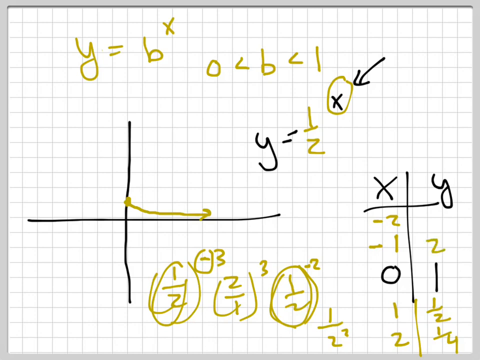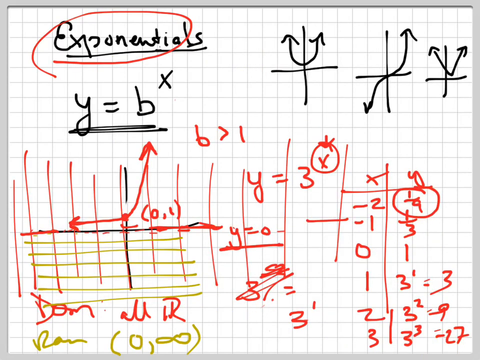So this is actually going to be the exact flip of the one we saw on the previous page in terms of the basic graph. Make sense? But we still have the same horizontal asymptote, y equals 0, and we still have that same y-intercept, 0, comma 1. You're always going to have that asymptote.